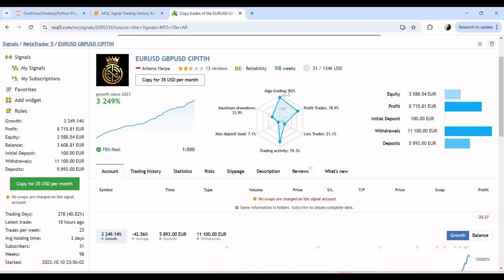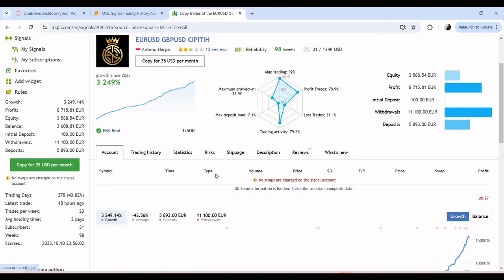We also see that 92% of the deals traded by the signal have been algo trading, so algorithmic trades, rather than manually inputted trades. So here we have the broker of the main account and the offered leverage 1 to 500, and the number of subscribers, and we do also have some reviews. This is a 2.5 star out of 5.